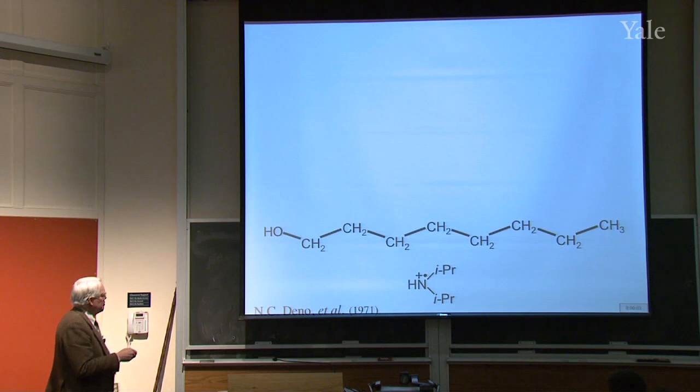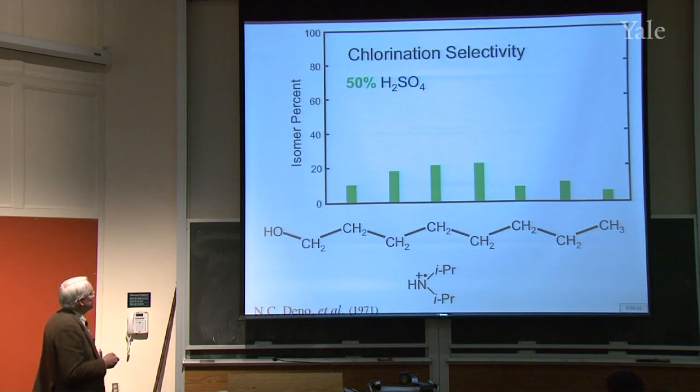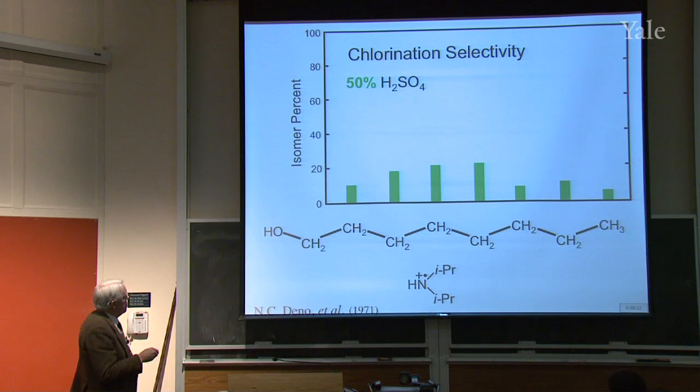Now, let's look at these results from 1971 on using this reagent. This is one step in the reaction, the chloramine, to halogenate a long chain alcohol. Okay? So what I've graphed here is what percent of isomers you get for putting chlorine on this carbon or this carbon or this carbon or this carbon or this carbon or this carbon or this carbon.